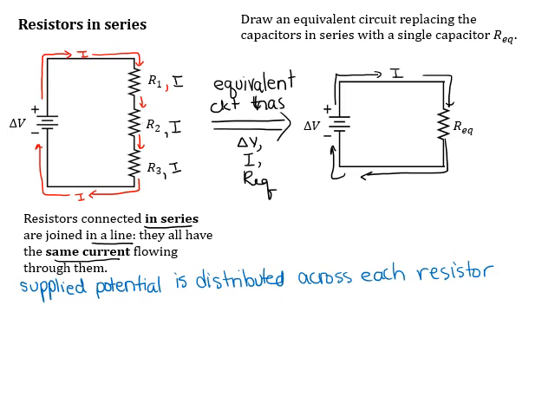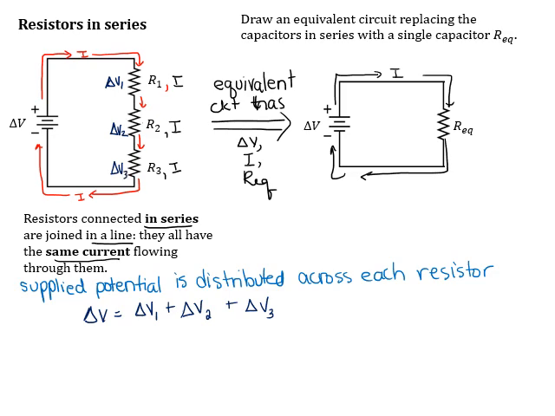So that tells us that the total potential put out, delta V, is the potential across the first resistor, delta V1, plus the potential across the second resistor, delta V2, plus the potential across the third resistor, delta V3.